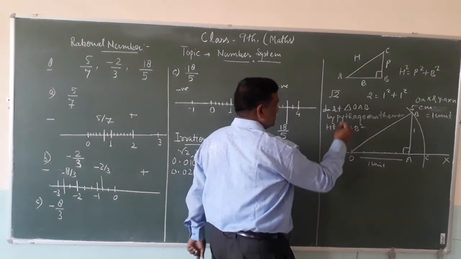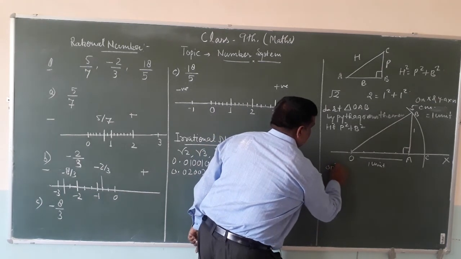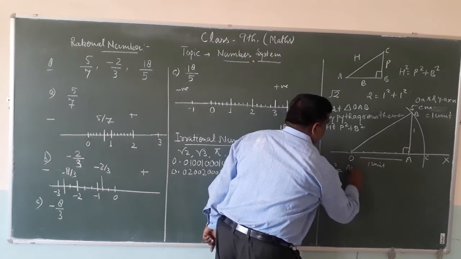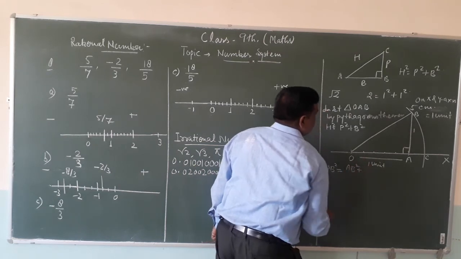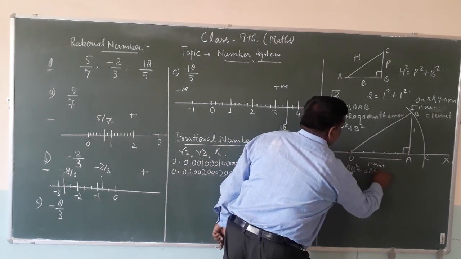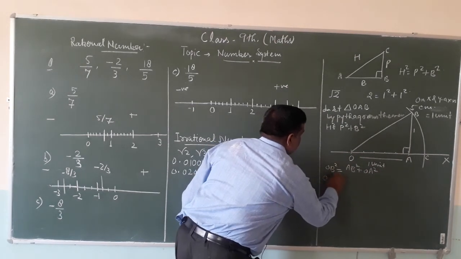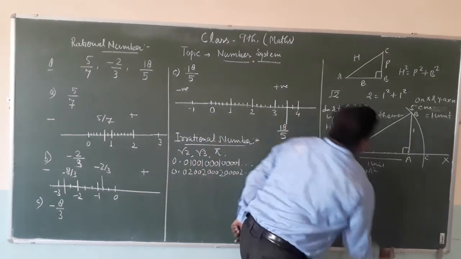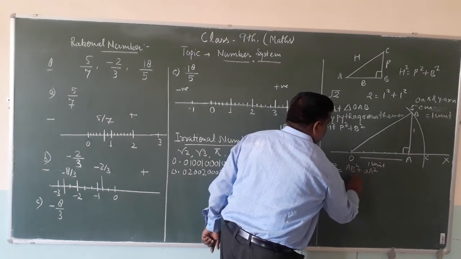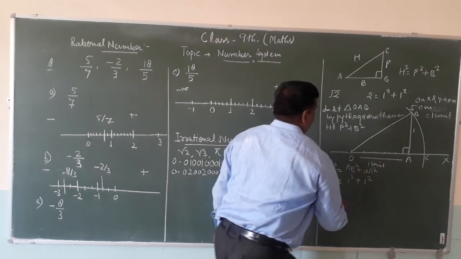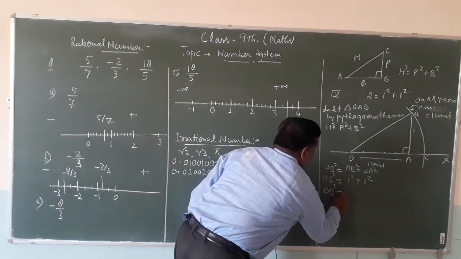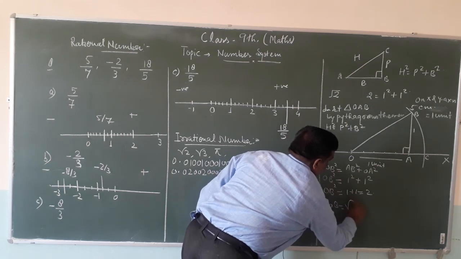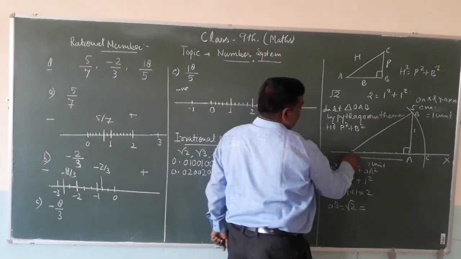Here h is OB, so OB square is equal to OA square plus AB square. AB is 1 unit, so we write 1 square. Now OB square is equal to 1 plus 1, which is equal to 2, so OB is equal to root 2, which is also equal to OC.